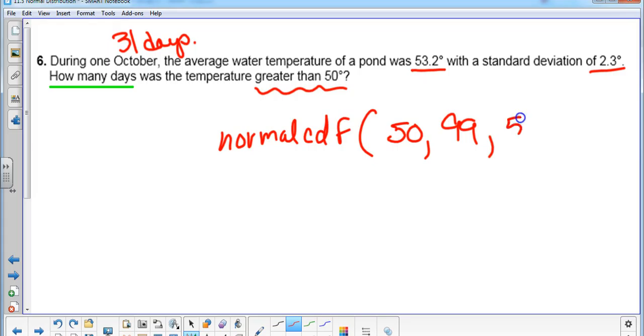The mean is 53.2, is that right? And the standard deviation is 2.3. 91.8%. Okay. I got 0.9179.